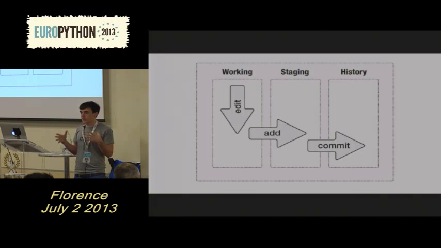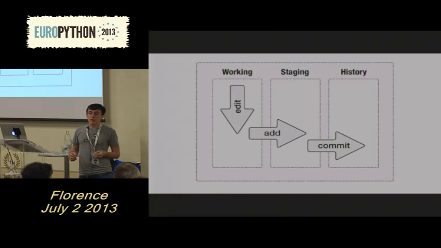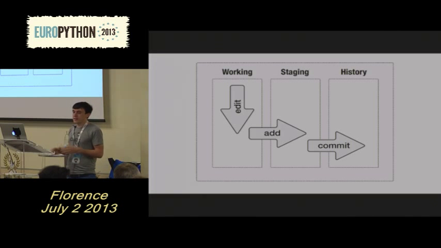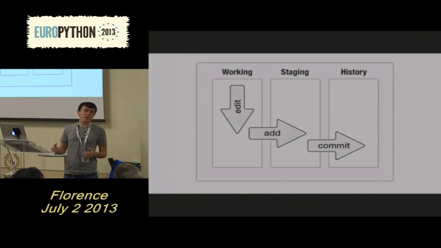And then you have this interstitial stage area where you can pre-select parts of your code to be committed or not to be committed, and that's the staging area. You can also think of the staging area as a proposed commit. This is the stuff that I'm about to turn into a commit, and when you say commit, that's what will get written.